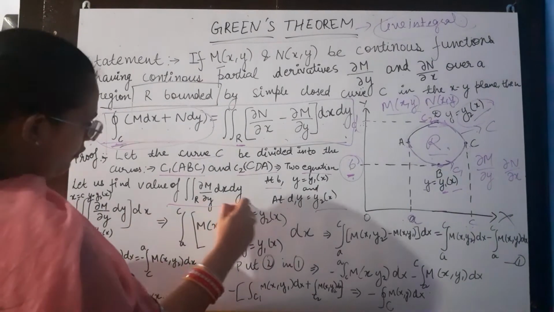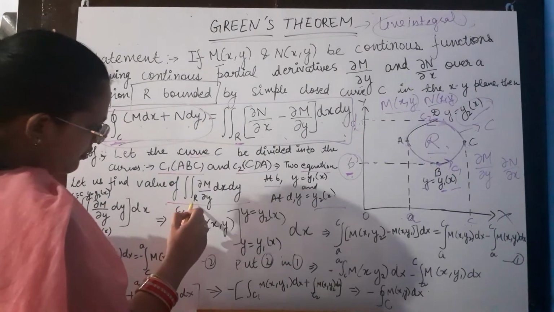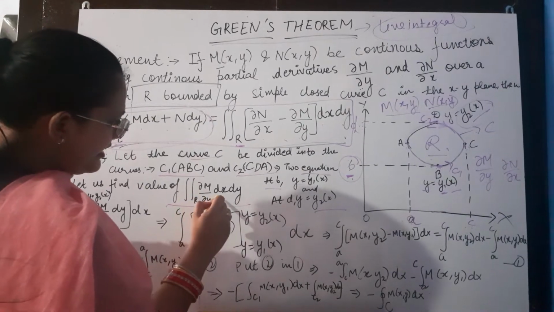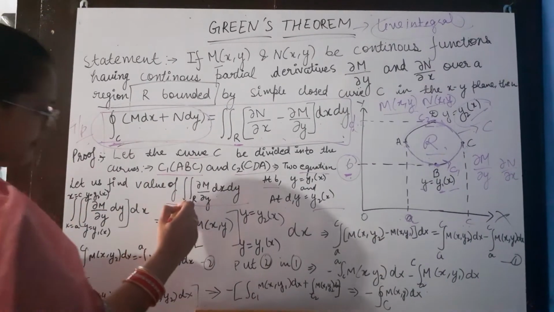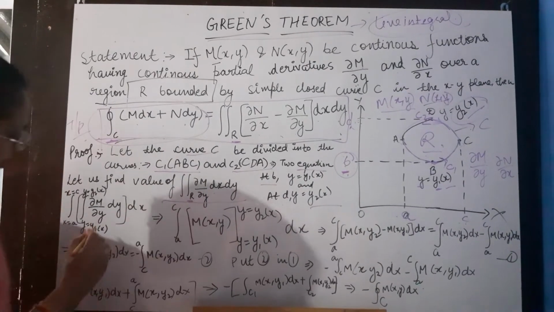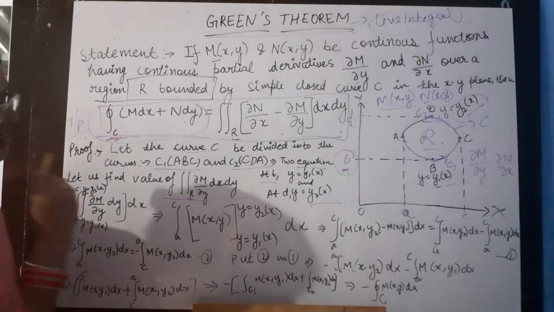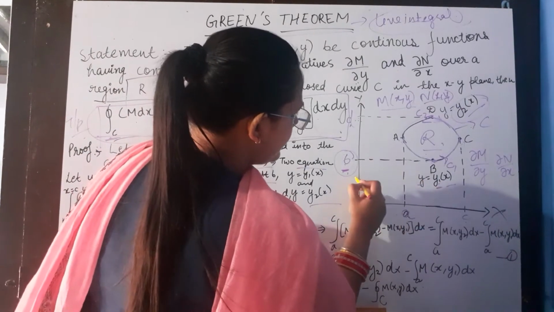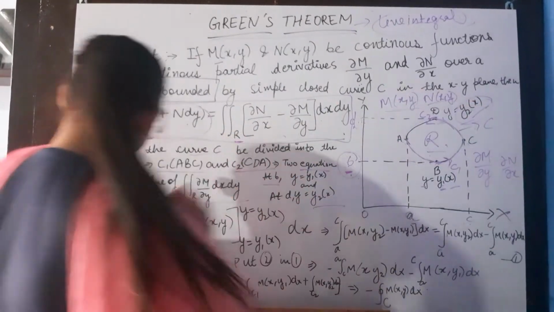Now let us find the value of the double integral over the region of ∂M/∂y dx dy. First we put the limits of y: the lower limit is y1(x) and the upper limit is y2(x).